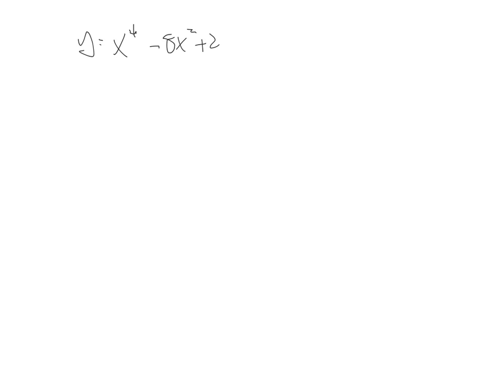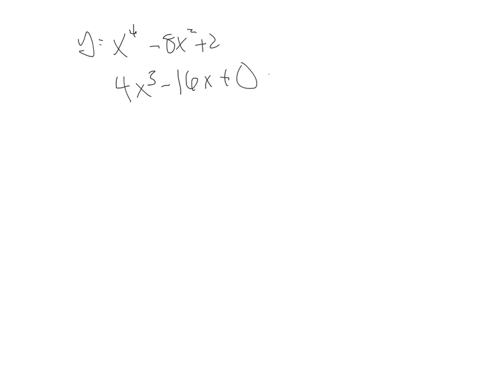4x cubed. Derivative of negative 8x squared, negative 16x to the power of 1, plus the derivative of 2, 0. And if I've got horizontal tangent lines, then that derivative, then that slope has to be equal to 0, so I set it equal to 0.